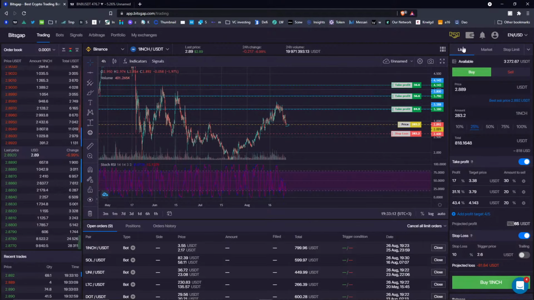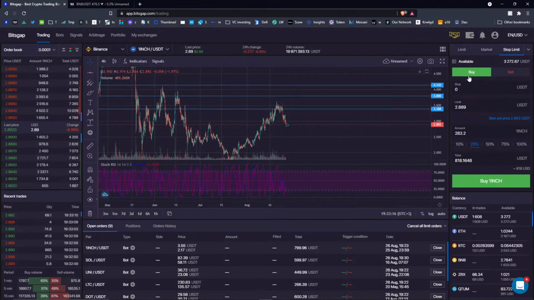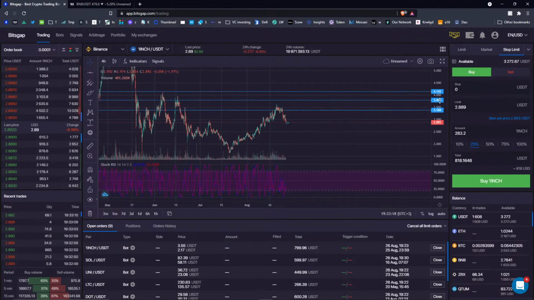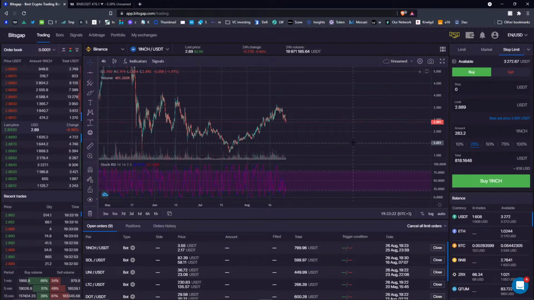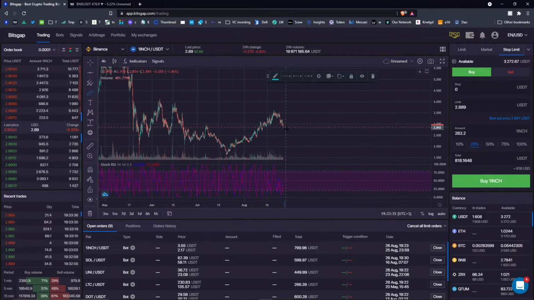Of course, there are other tools you can use, like the stop limit order, which lets you enter the market when a certain condition is met. So for example, you look at the price of 1inch now and you feel like, well, I'm not buying this story yet. It looks like it might fall back to this level.